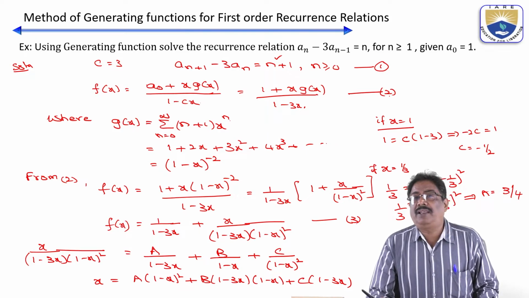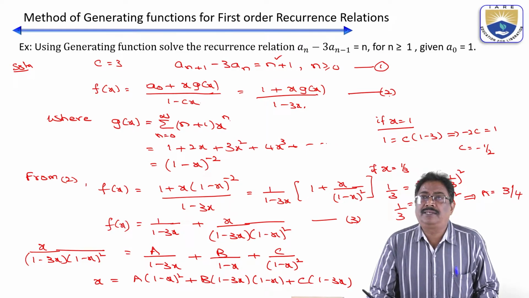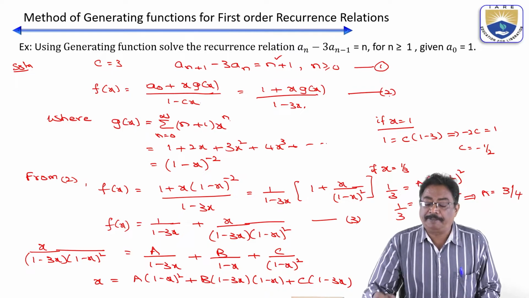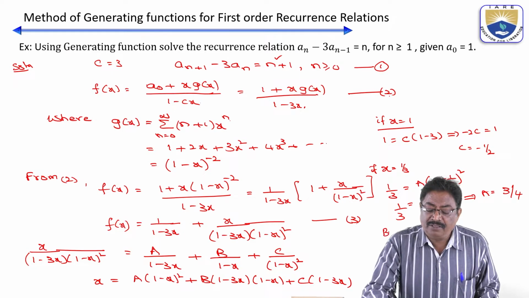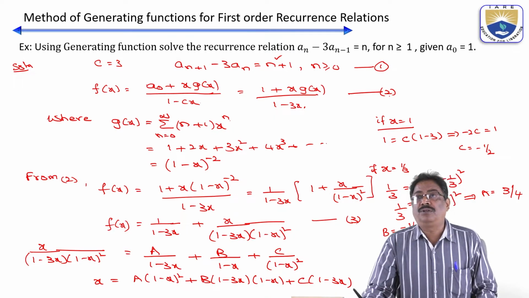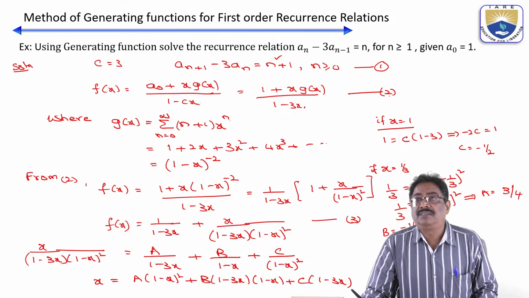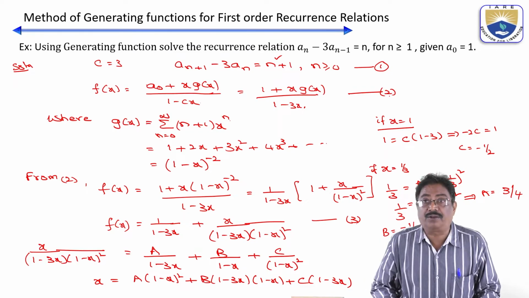And next, similarly, we can calculate the value of b. The value of b, again we are going to get minus 1 by 4 in this fashion, or in some other form if you calculate.